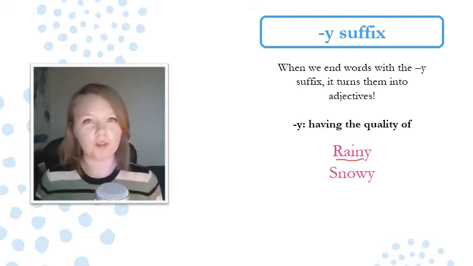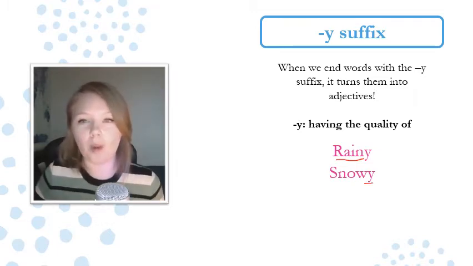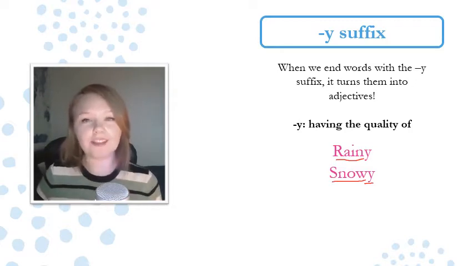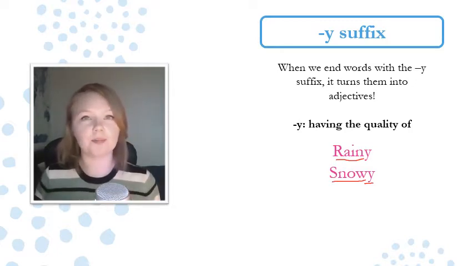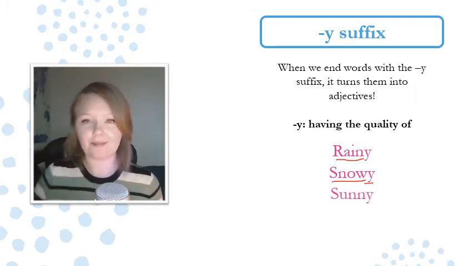This was not one of our words, but we can probably guess what it means because it ends in Y, right? So we took that noun snow and changed it into an adjective. In winter, it's so snowy. This means the weather in winter has the quality of having a lot of snow.